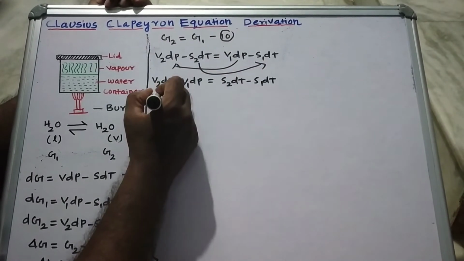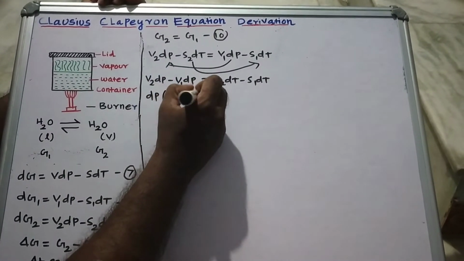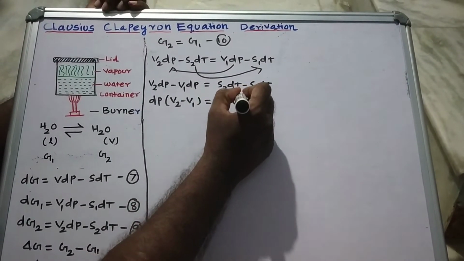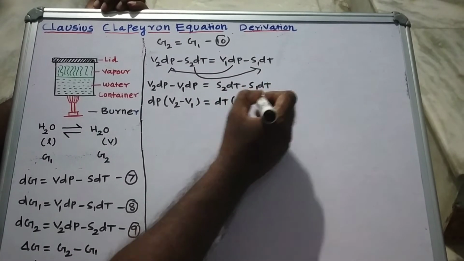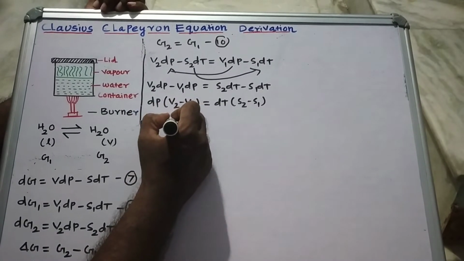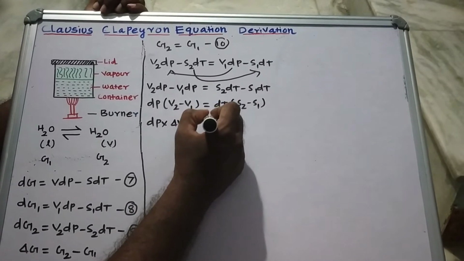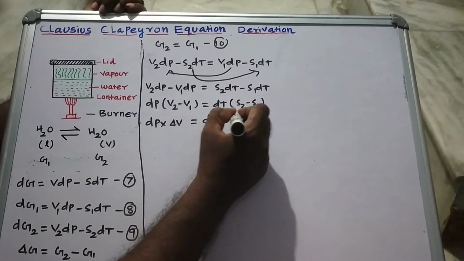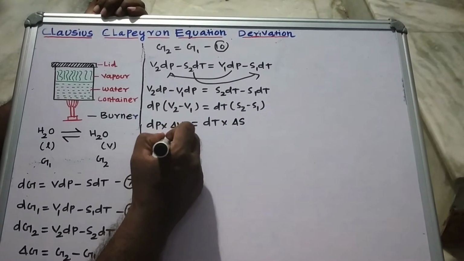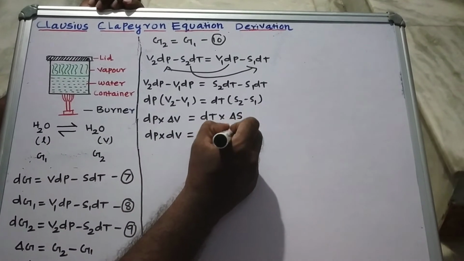In this equation dP is common, so it is taken out: dP into (V2 minus V1). In this equation dT is common, therefore dT is taken out: dT into (S2 minus S1). It's well known that V2 minus V1 is equal to the change in volume, delta V, and S2 minus S1 is equal to the change in entropy, delta S. So this equation becomes dP into delta V is equal to dT into delta S.